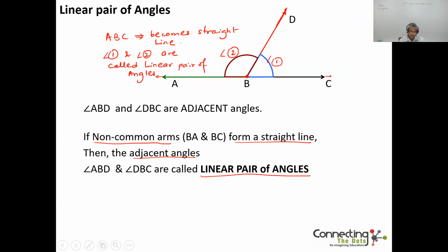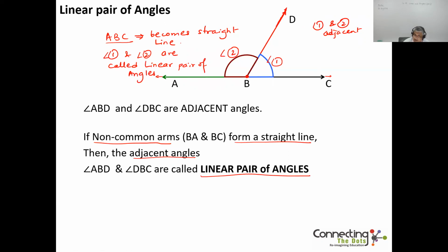Okay, so it is already given. We are given that 1 and 2 are adjacent. So that is given to us. So if 1 and 2 are adjacent and ABC becomes a straight line, then 1 and 2 are called linear pair of angles.